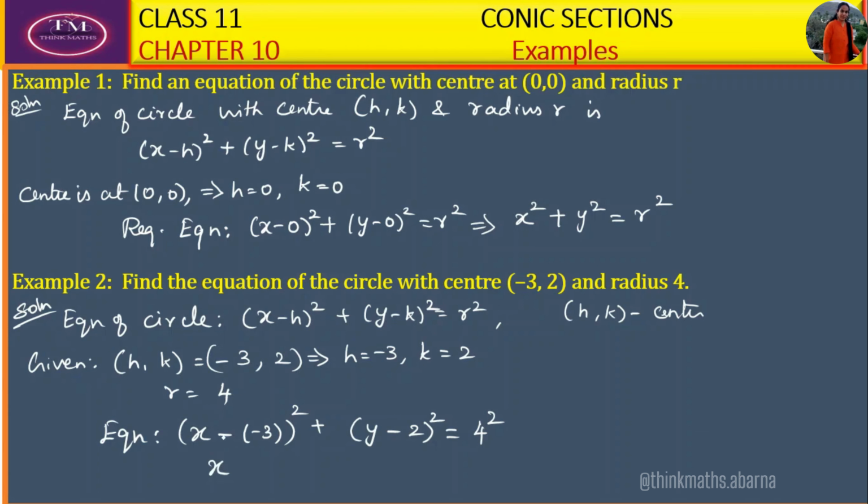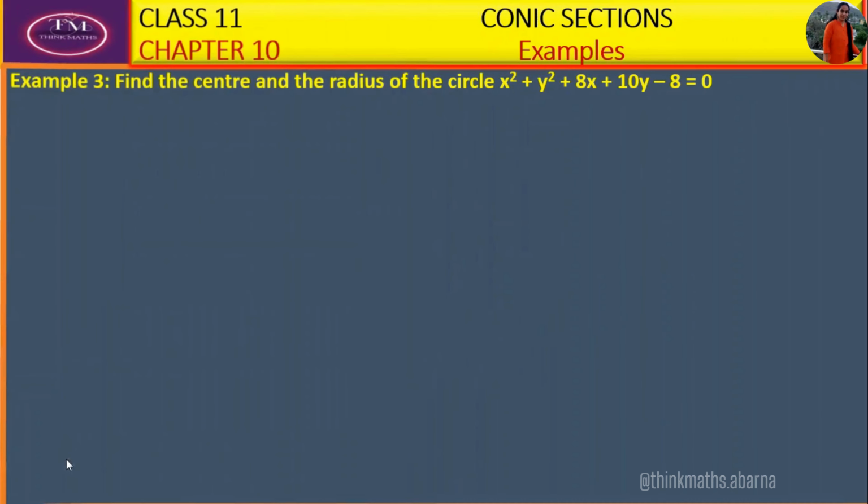Minus into minus is plus. So x plus 3 whole square plus y minus 2 the whole square equal to 4 square, which is 16. So this is the required equation of the circle. Clear? Understood? So moving on to the next one.